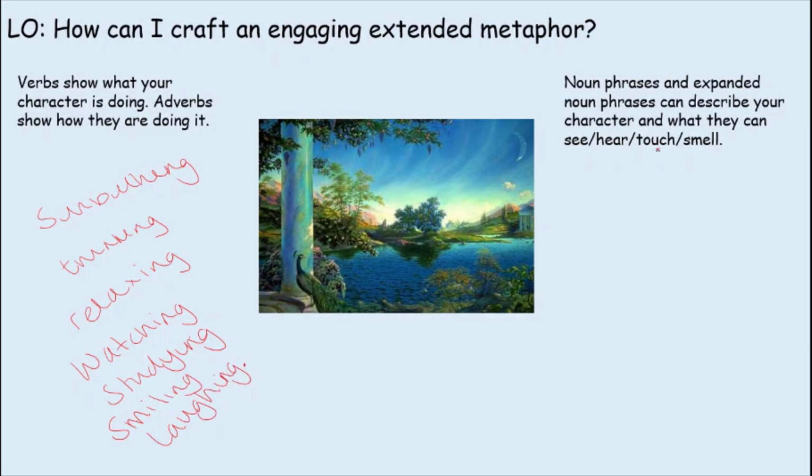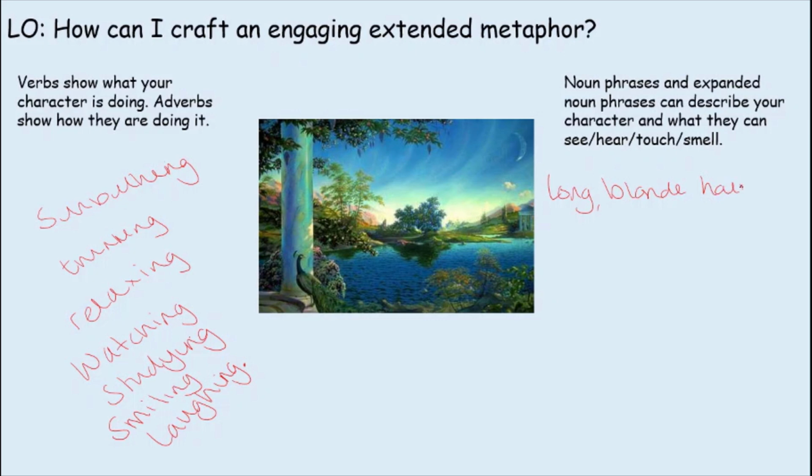We're also going to do some noun phrases and expanded noun phrases to really look at that sensory description. This is going to be our descriptive writing. I might describe my character here with noun phrases. I'm going to describe mine as a very calm, relaxed woman. I might say long blonde hair.